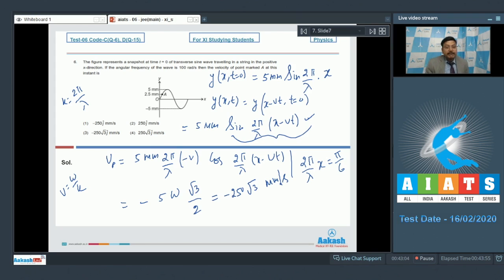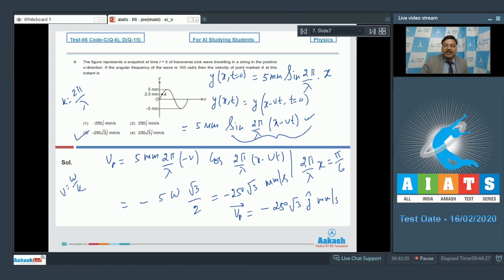That's the particle velocity, and in vector notation this is equal to minus 250 root 3 j cap millimeter per second. So that is the particle velocity of point A at t equal to 0, and among the options we can see that this is matching with option 3. So option 3 is correct.